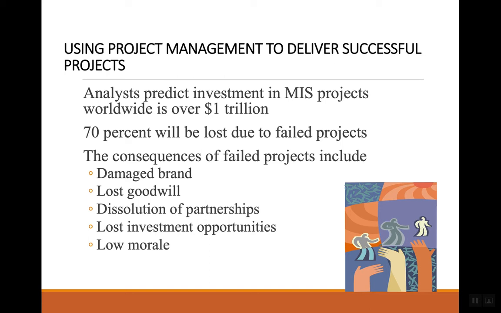Not every project will fail 100%, but a lot of times you'll see a lot of rework and inefficiencies around projects, and consequences around damaged brand, lost goodwill, and lost investment opportunity.